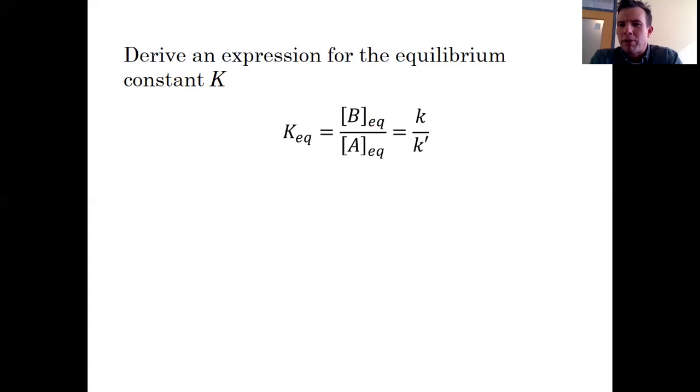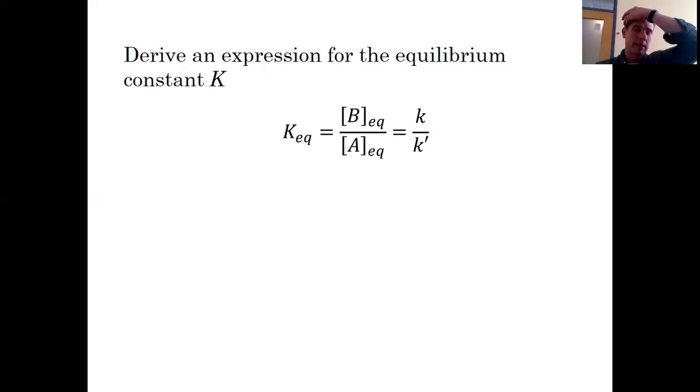What this expression allows me to do is to relate kinetic rate constants to the equilibrium constant. Another way that you can get equilibrium constants is to say they are defined by the forward rate divided by the reverse rate.